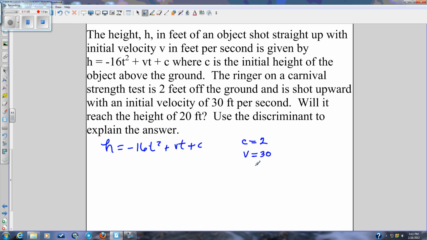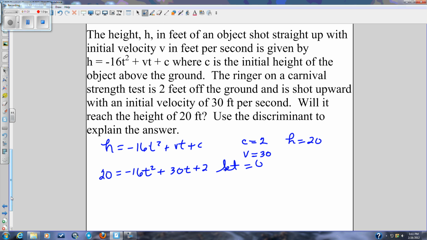And we want to know if h, the height, is going to reach 20. So let's plug our numbers in. We have 20 equals negative 16 t squared plus 30t plus 2.